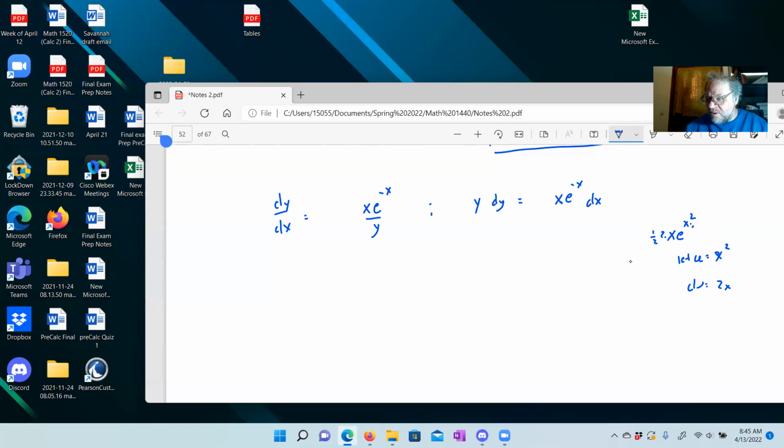So we don't need to worry about this because the u substitution took care of it. But that's not happening here. You can say, well, let u equal negative x. Great, du is negative dx. And that's not going to help. So we have to do integration by parts here.